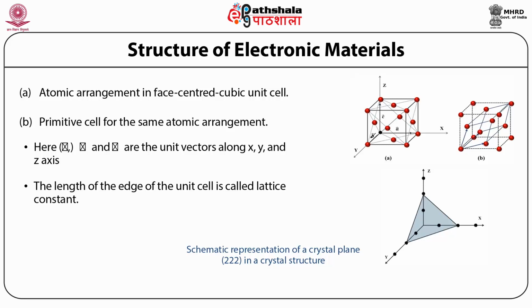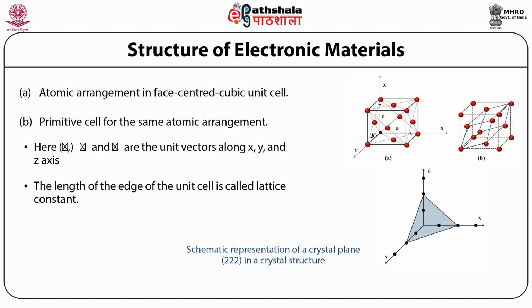Now, as shown in the figure on the right hand side, it can be seen that the intercepts along the x, y and z axes are 2, 2, 2 atoms from the origin. So if we take the inverse of these intercepts, it gives 1 by 2, 1 by 2 and 1 by 2, which after multiplication by the least common factor provides the smallest integers 2, 2 and 2.